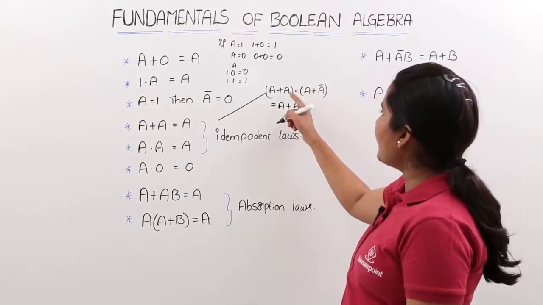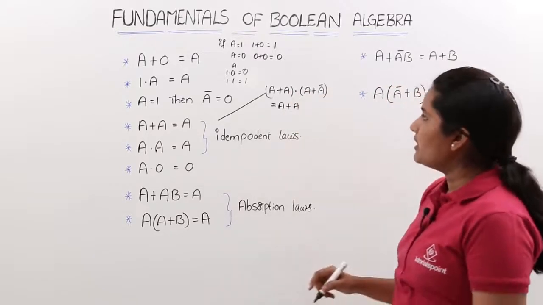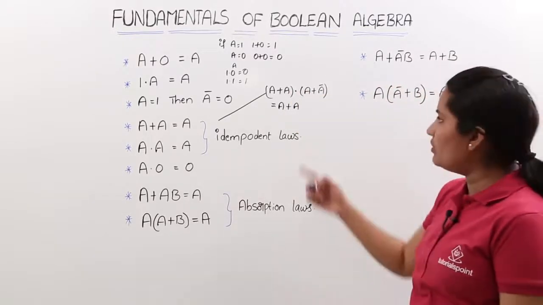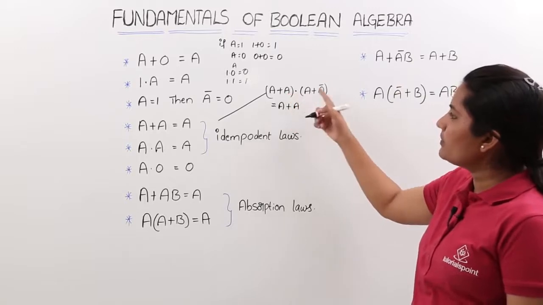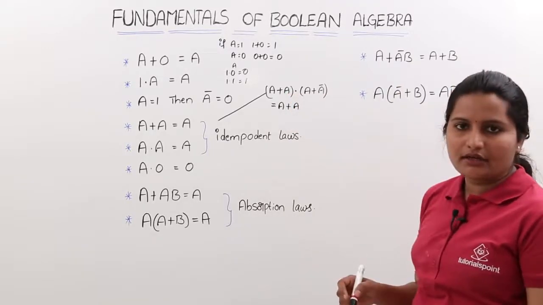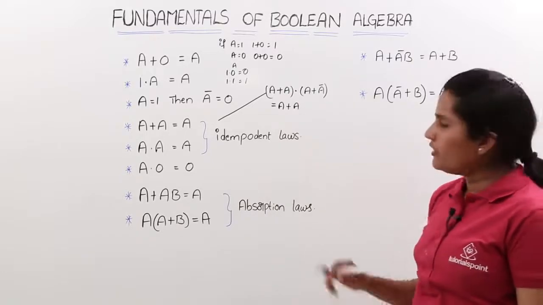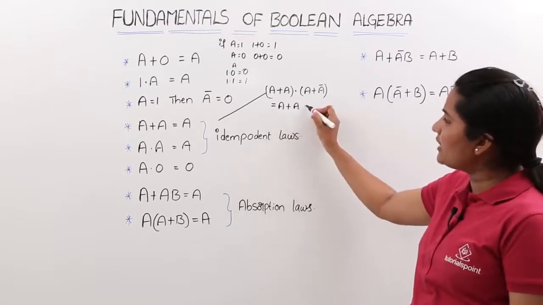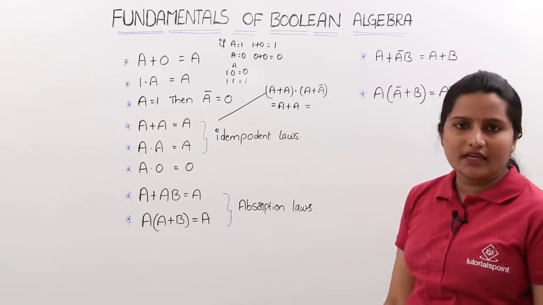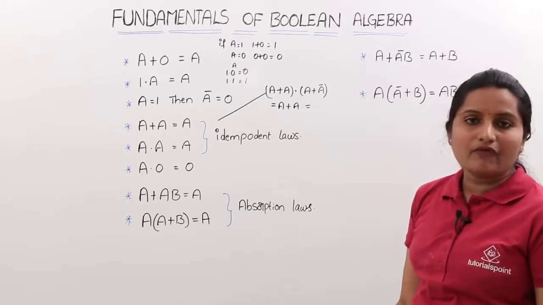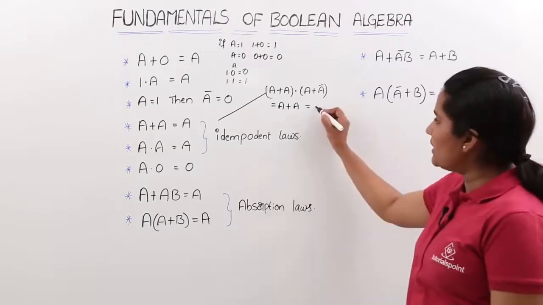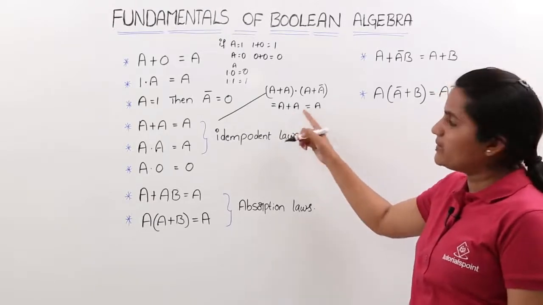Next, a into a bar is equivalent to 0. Again a into a bar is equivalent to 0. So now you are getting a plus a. When you are getting a plus a, you can take a common, so you can have 1 plus 1 there.